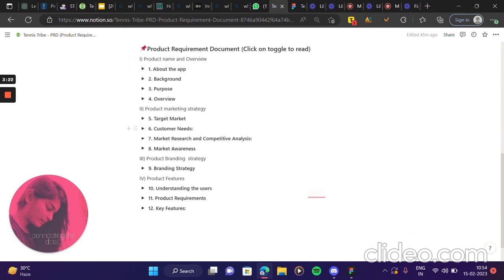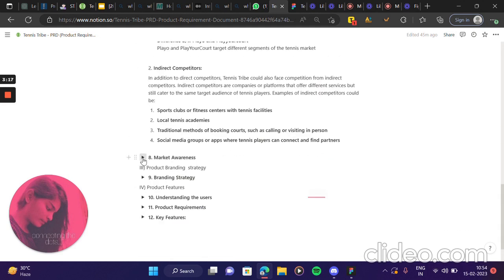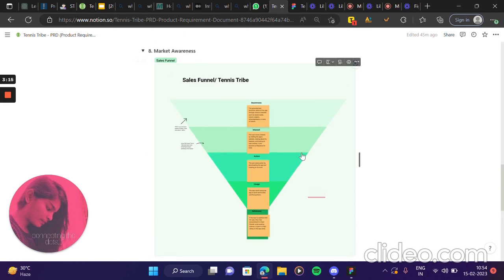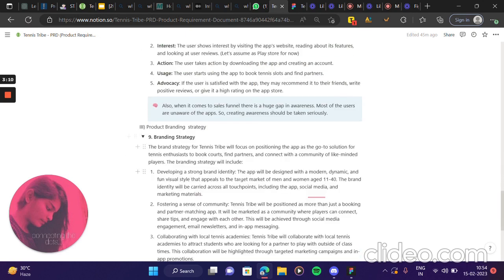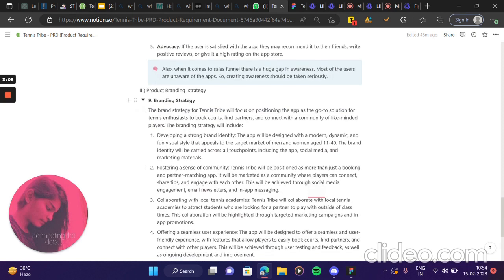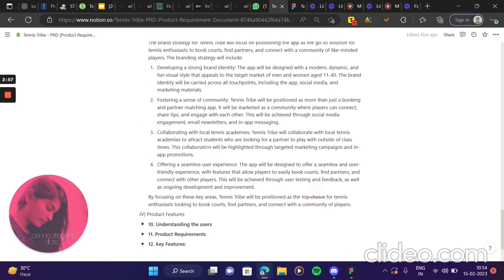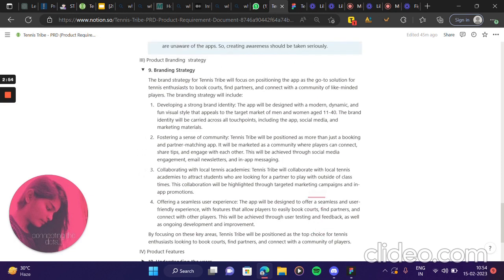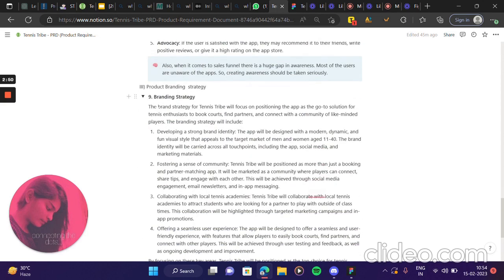I've also mentioned market awareness, that there was less awareness about these kinds of apps, and how it can be strategized, with branding strategies like developing a strong brand identity. The brand will be designed with modern, dynamic, and fun display styles, and how we can channelize these things. I came up with all of this, which you can find here.